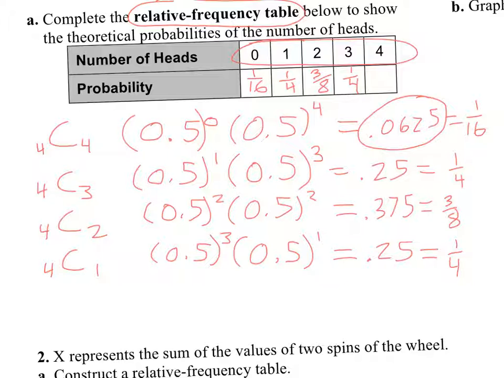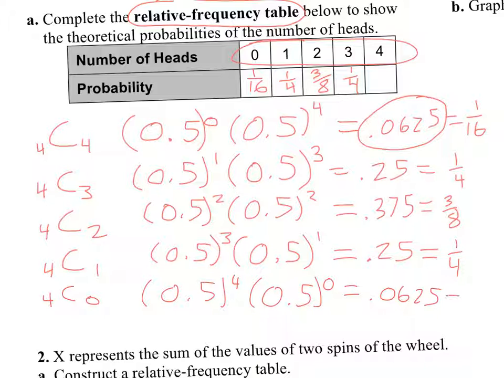Okay, so for the last one, 4C0 times 0.5 to the 4th, because we want 4 heads and we want 0 tails, this will equal 0.0625, because it is just as hard to get heads 4 times in a row as it is to get tails 4 times in a row, since for each flip it's a 50-50 chance.